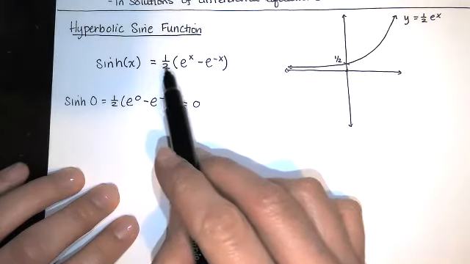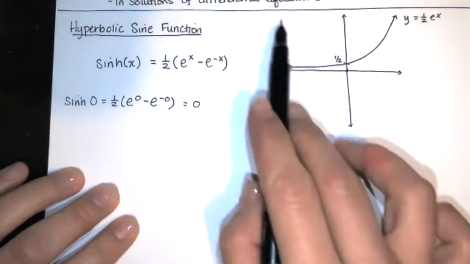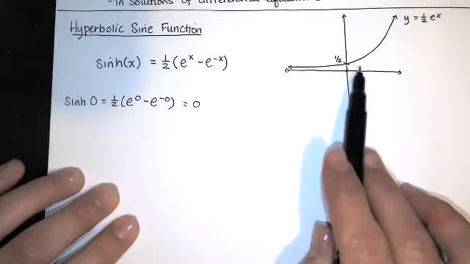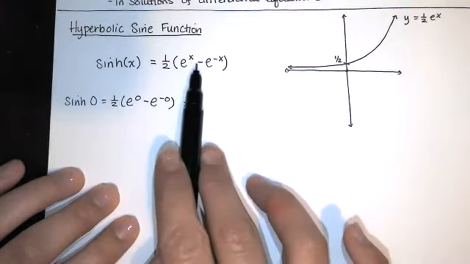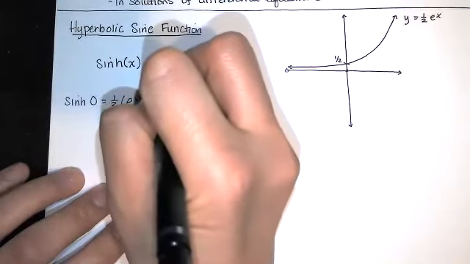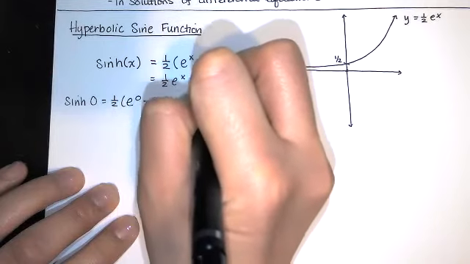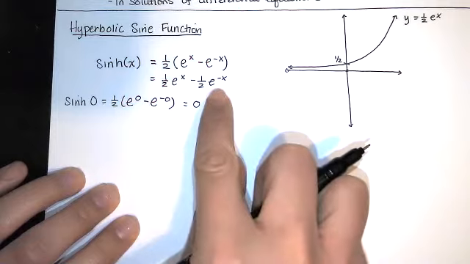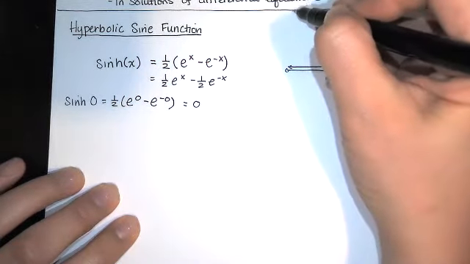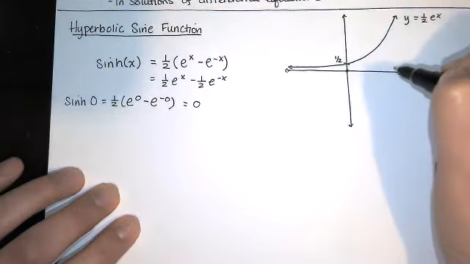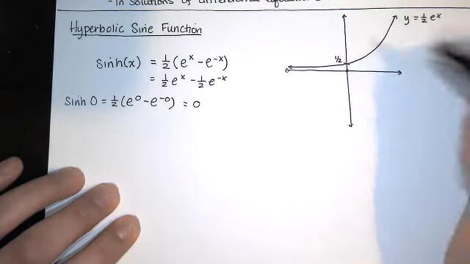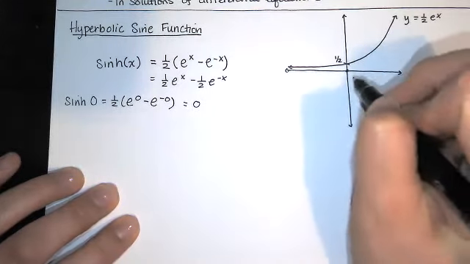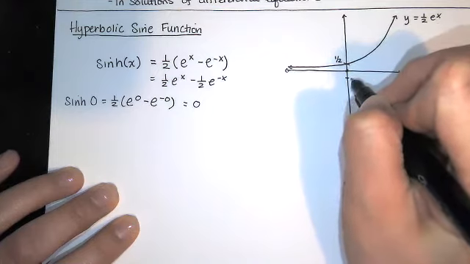Now, 1/2 e to the negative x goes the opposite way, but then I don't want 1/2 e to the negative x. If I distribute that 1/2, I want negative 1/2 e to the negative x. So I want to take that 1/2 e to the negative x, which goes down, and then I want to flip it. So what we're going to see is something that looks like this.